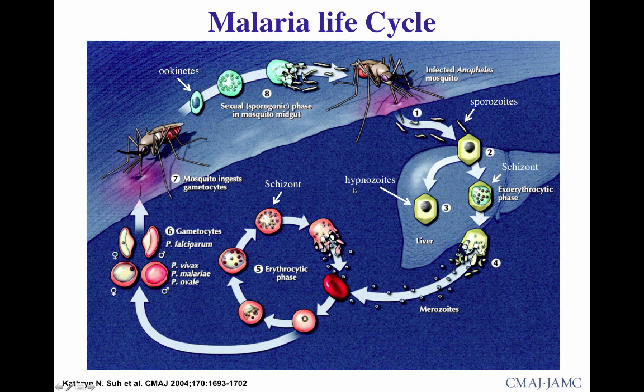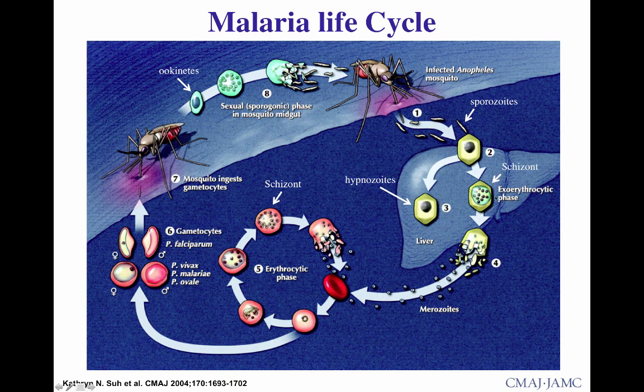The hypnozoites are long-lived and can stay for many years in this undifferentiated state, allowing for the clinical relapses that can allow the parasite to develop again. So I think I said years. No, actually, I meant weeks to years. So it can be dormant from weeks to years, causing this clinical relapse.